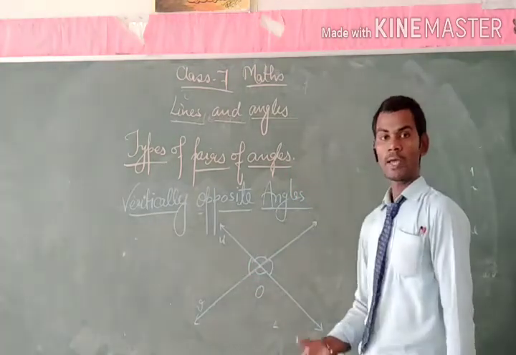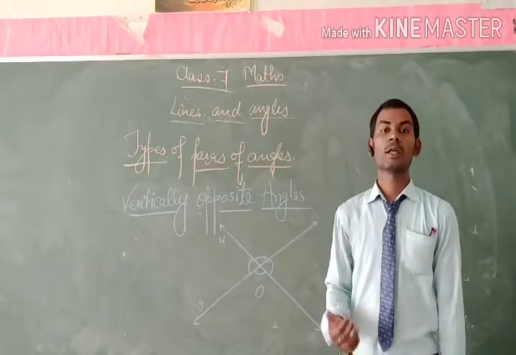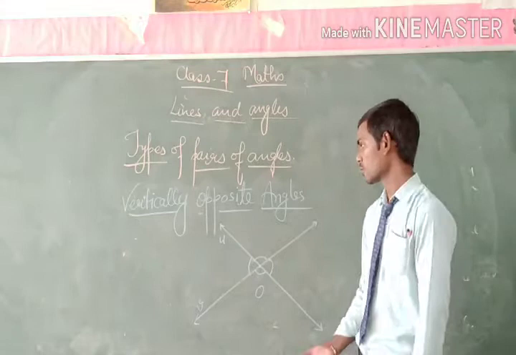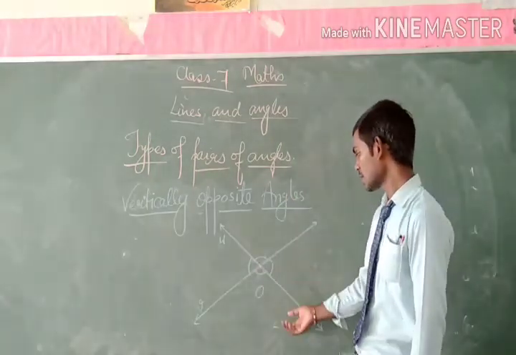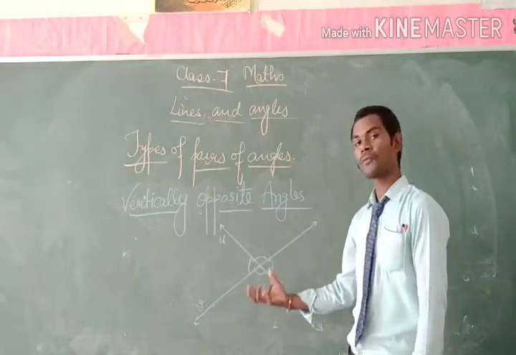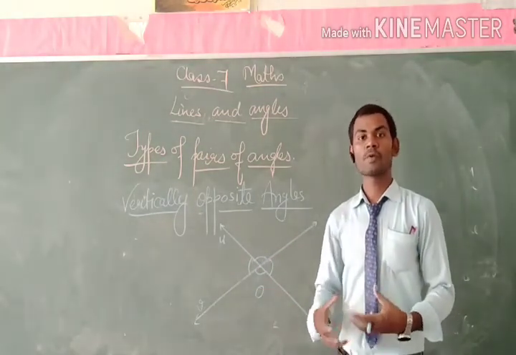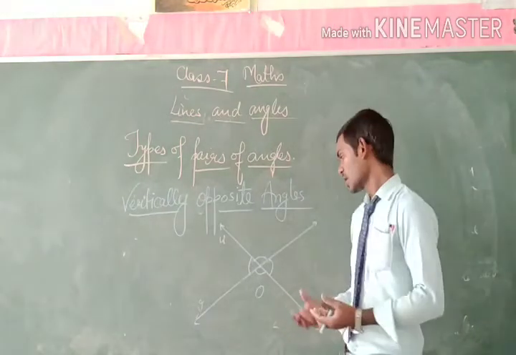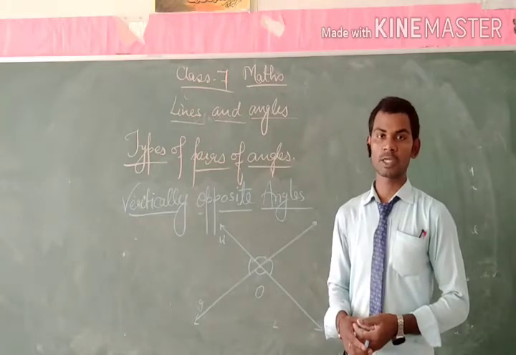These angles are vertically opposite angles, and some of them are also known as linear pairs. In this figure, two angles which form in the opposite direction are known as vertically opposite angles.